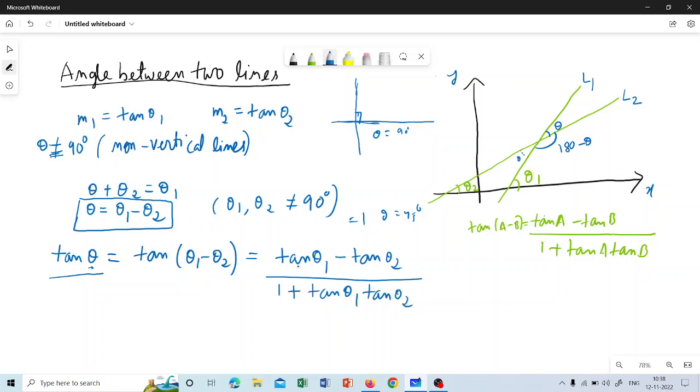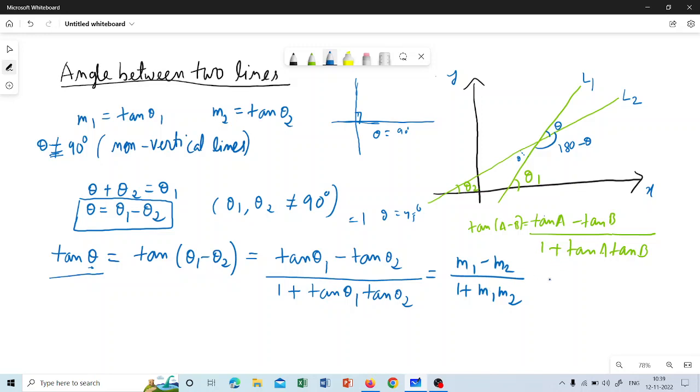We know the value of tan theta 1, this is the slope of line 1. So similarly I can put it like this, which is equal to tan theta is m1 minus m2 by 1 plus m1 into m2. So this is the angle which we need.